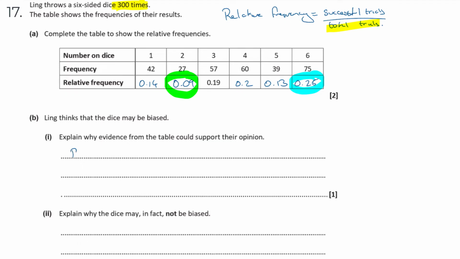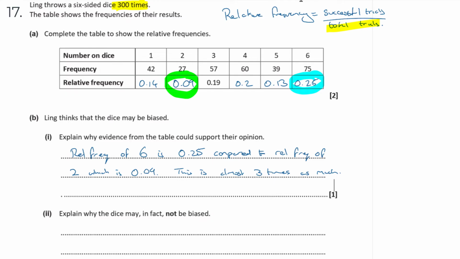So the relative frequency of 6 is 0.25 compared to the relative frequency of 2, which is 0.09. This is almost 3 times as much.